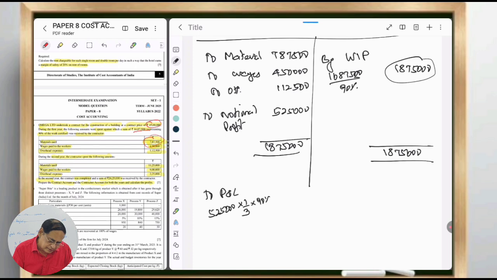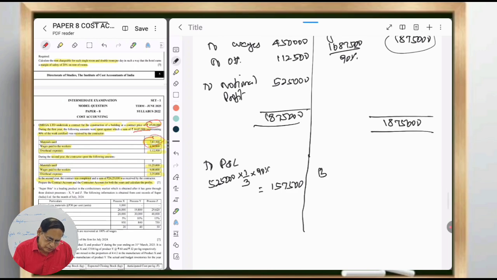Only 90%. So this amount is to be charged to the P&L account. So how much? 5,25,000 into one third into 90%. So that amount is 1,57,500.